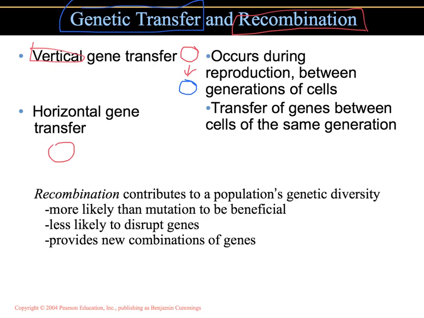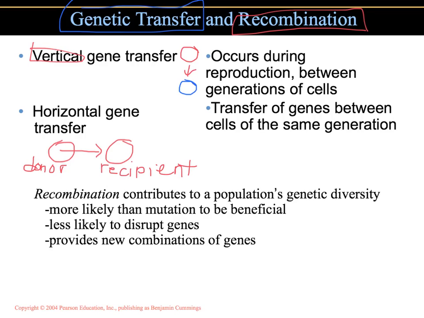So that's genes being passed from this cell to this cell, and they are within the same generation. So this cell would be the donor, and the cell that's receiving the genes in this horizontal gene transfer would be considered the recipient.